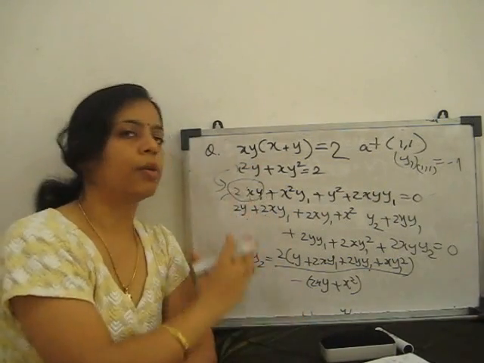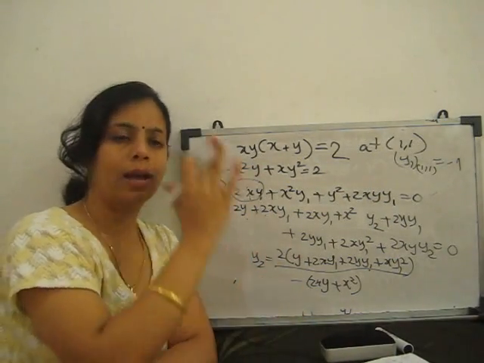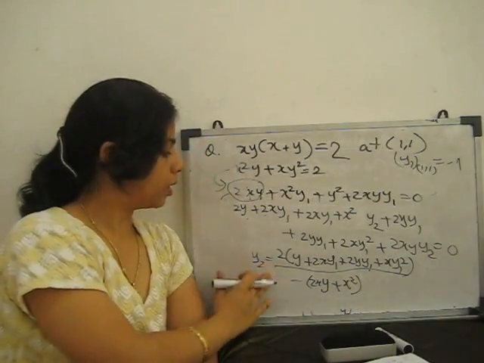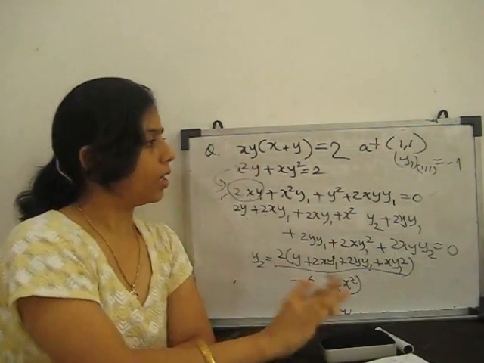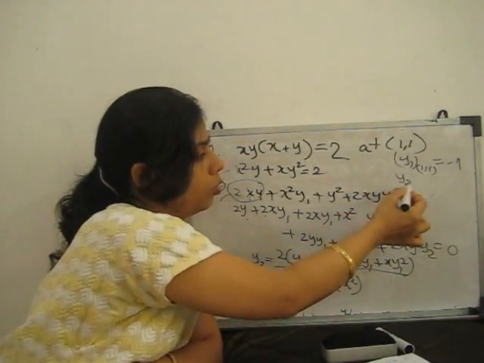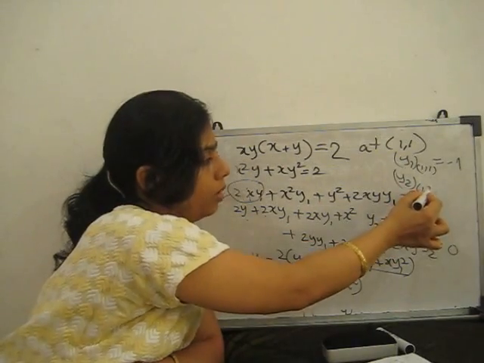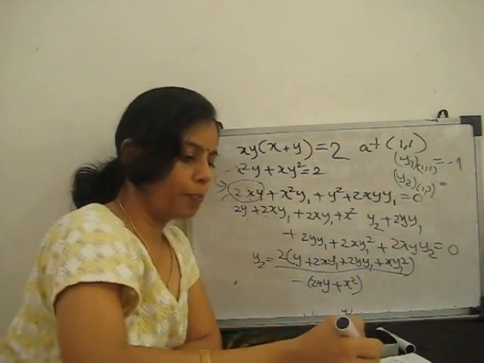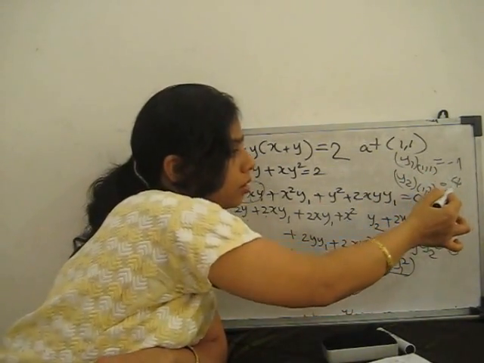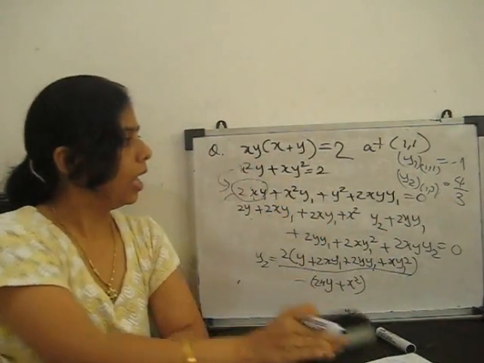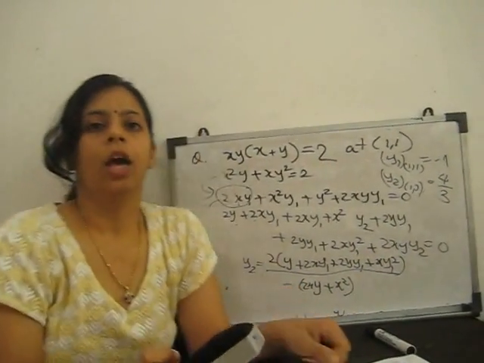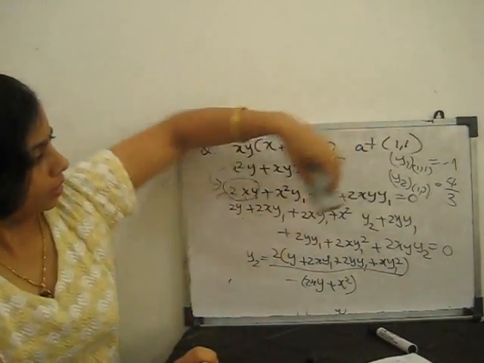Same process, we have to find out the value of y2 at point (1, 1). When we substitute x equal to 1, y equal to 1, we get y2 at (1, 1) equal to 4 by 3. So our y1 at (1, 1) is minus 1, y2 is 4 by 3.